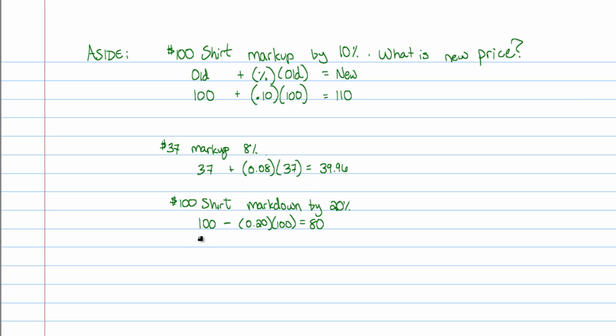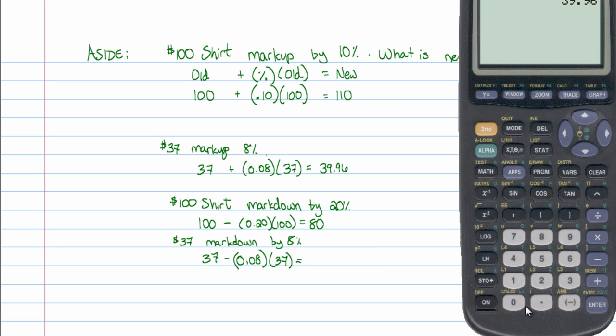And so if you had, let's say, a $37 shirt and it got marked down by 8%, well, then it started at 37, but you're losing 8% of that 37. Now, I can't leave that alone again because it's just too tempting to finish that out.